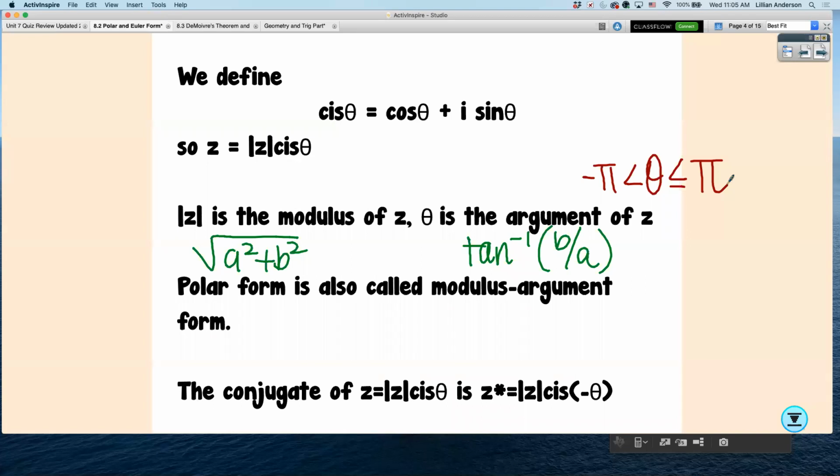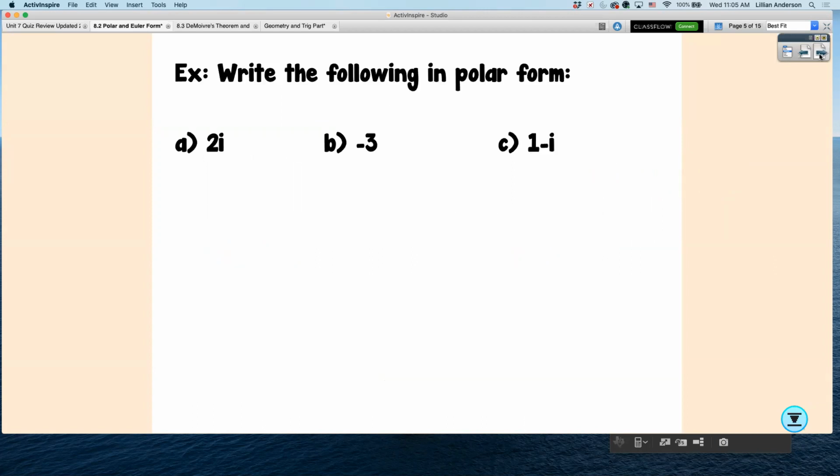So what we're going to do is look at transforming complex numbers into argument modulus form, aka polar form. We're going to take these three, one that's purely imaginary, one that's purely real, and one that has an imaginary and a real part.